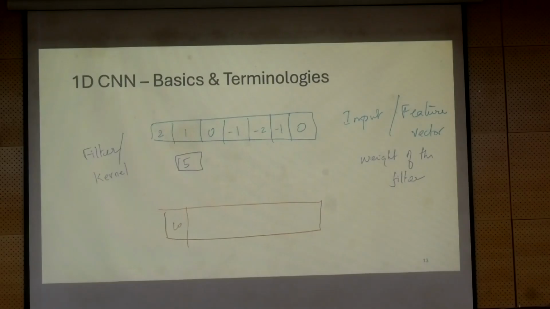So first filter was with sample 1, it did a multiplication operation, then because stride is equal to 1, filter moved to next sample, shifted by 1 sample, then it will multiply, 1 into 5 is 5, then because of stride 1, the filter will move, 0 into 5 is 0, then again stride 1, minus 1 into 5 is minus 5, and so on and so forth.